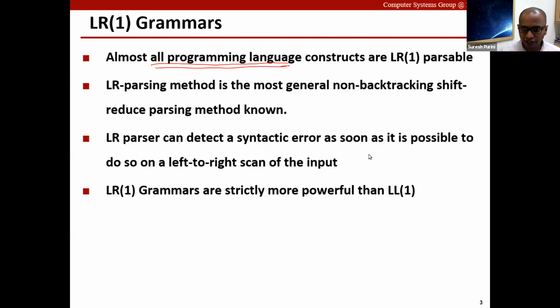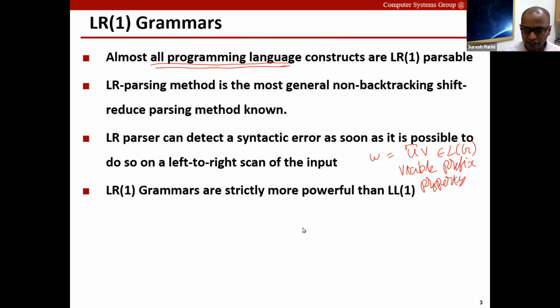What it means is, if you take a string W and so far the parser consumed U, a prefix of the string W, and if there is no way to extend this U such that UV belongs to the language described by the context-free grammar, then immediately the parser will say that the input string is not a string described by the context-free grammar. This is what is called the viable prefix property.